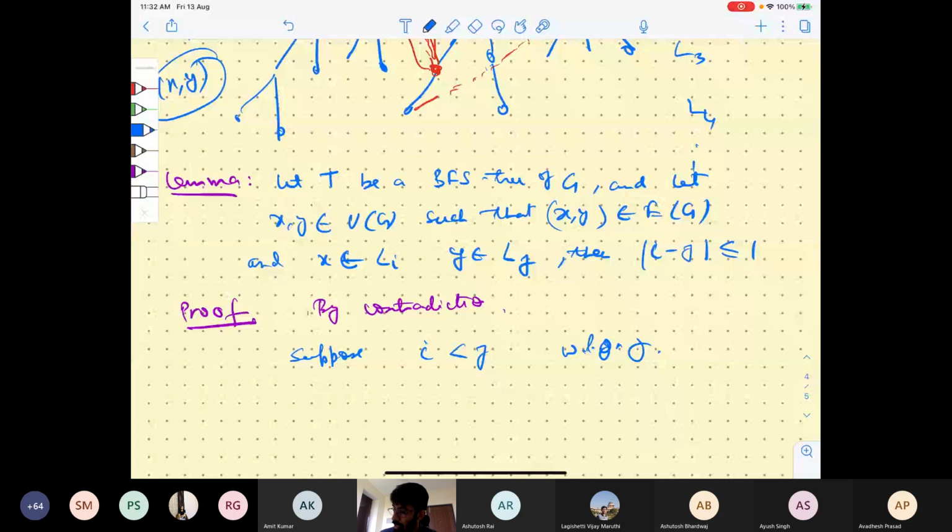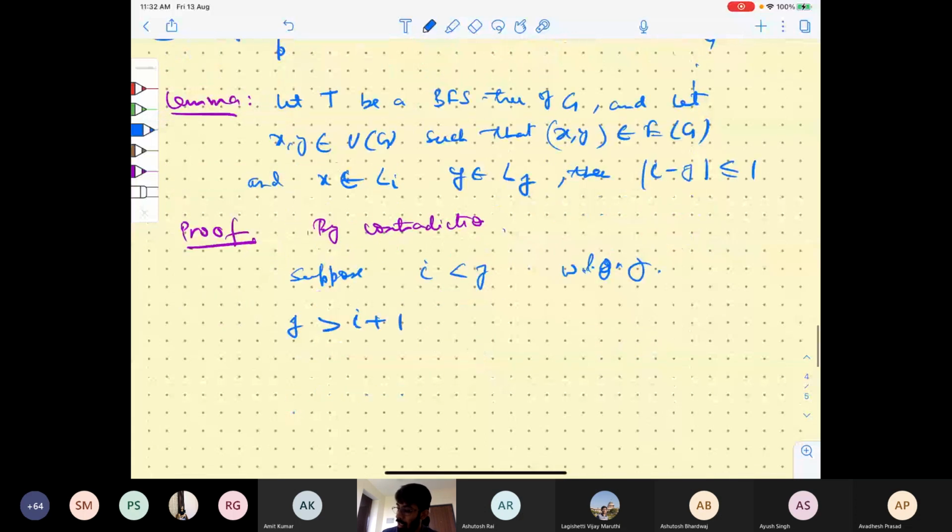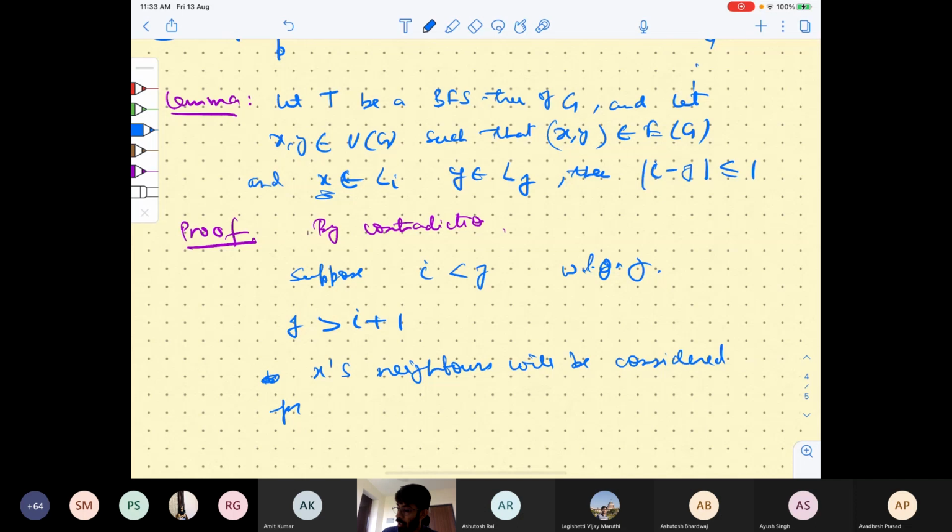So let's say j is greater than i plus 1, and of course if i is less than j, then x gets discovered first. So x's neighbors will be considered for Li plus 1.